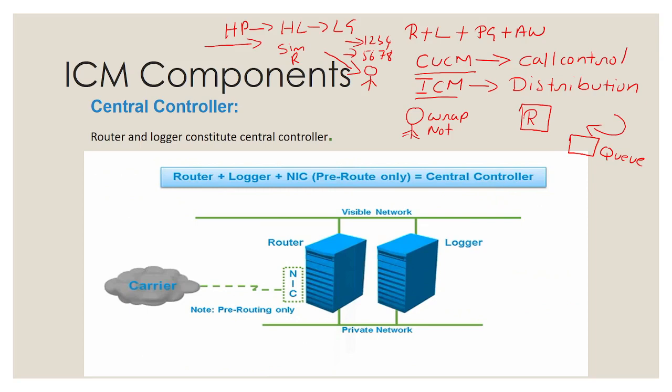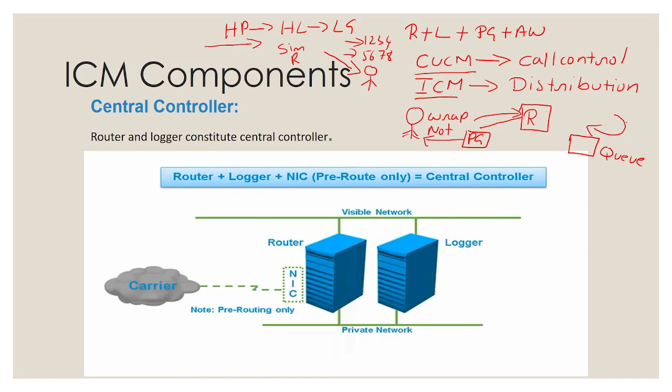The router has visibility to the contact center through another component called the PG, peripheral gateway. The peripheral gateway exactly knows whether the agent is available, not ready, or in wrap-up state. All the agent state management is done by the PG, and the PG feeds this live information to the router's memory.